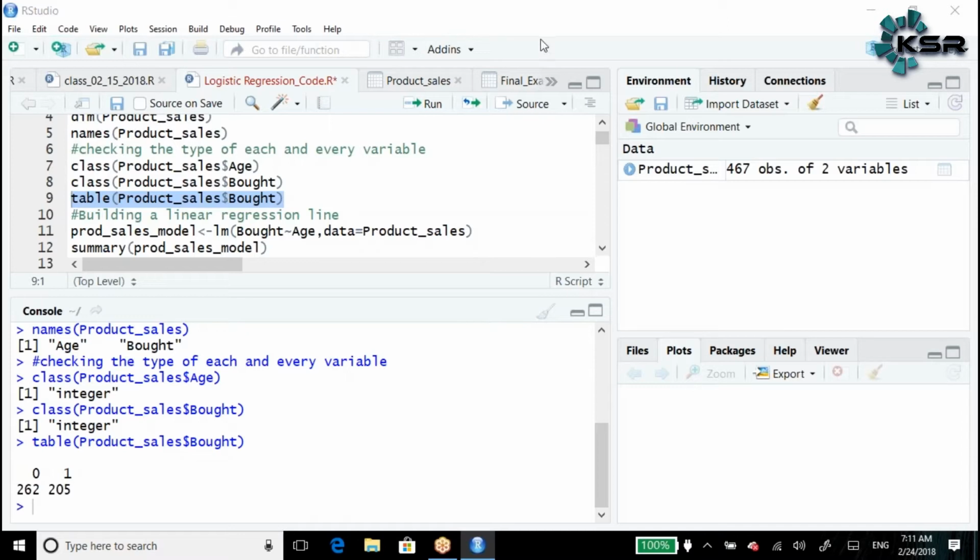Still, assume that we have the two variables, bought and age. With respect to the age, we would like to predict whether the customer will buy the product or not. 1 means the customer is buying the product, 0 means the customer is not buying the product.